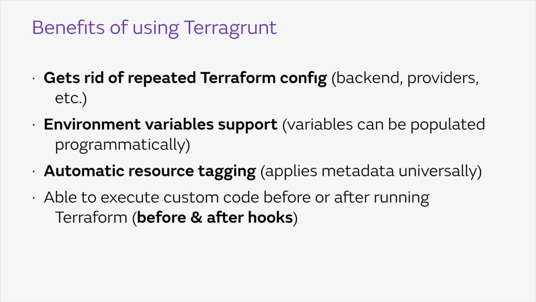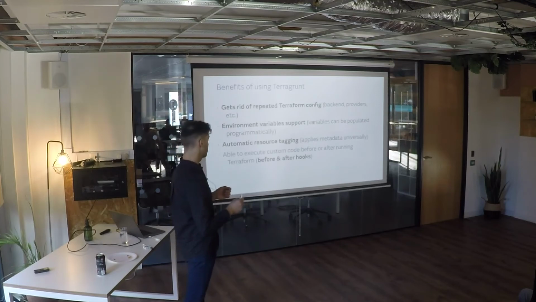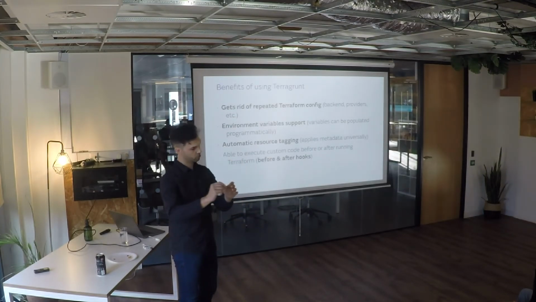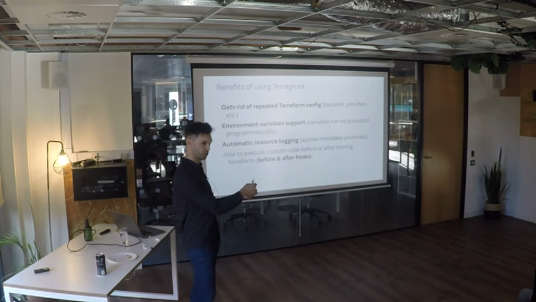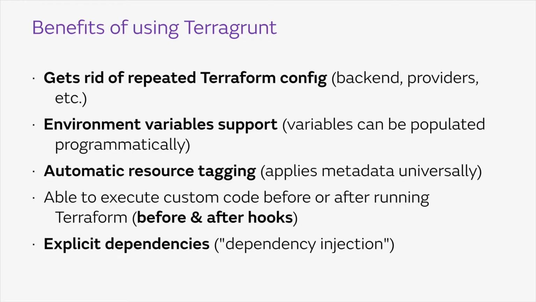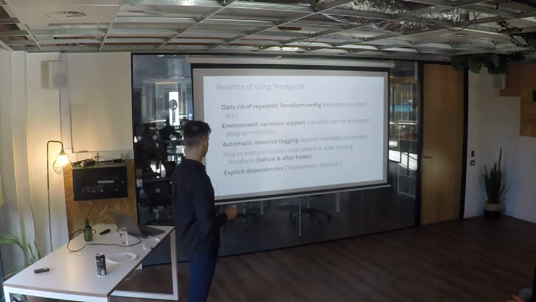We can run custom code before we apply it to Terraform. The way Terragrunt works is that it will internally call Terraform. So before calling it, we can run some hooks. We can generate files and read from files. And this is especially important to software developers.